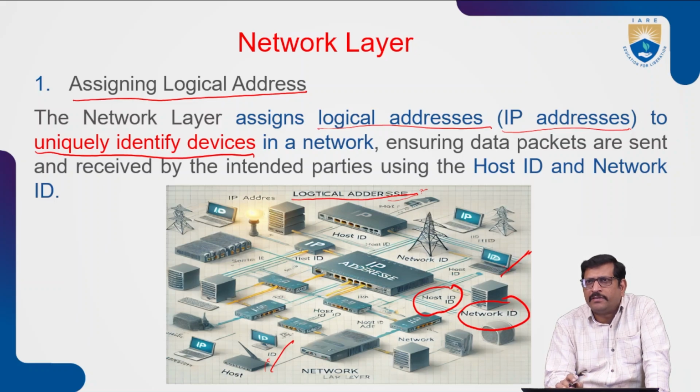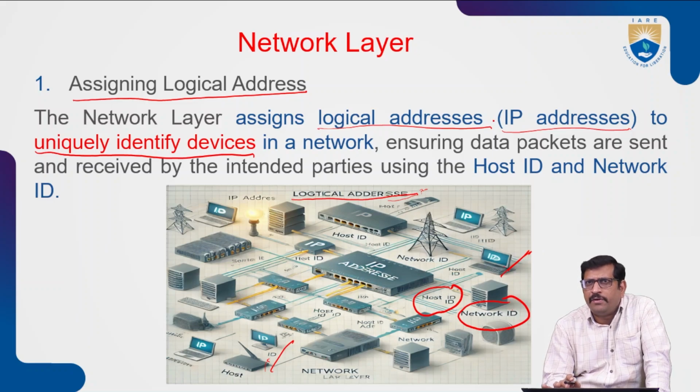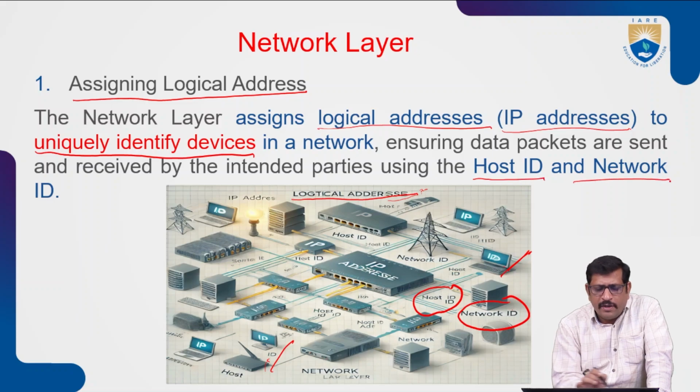That means the data packets can be sent or received by the destinations or by the intended parties. How are the data packets delivered or received? With the help of the host ID and network ID.